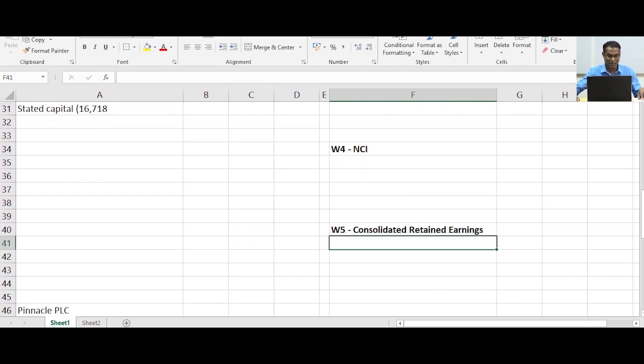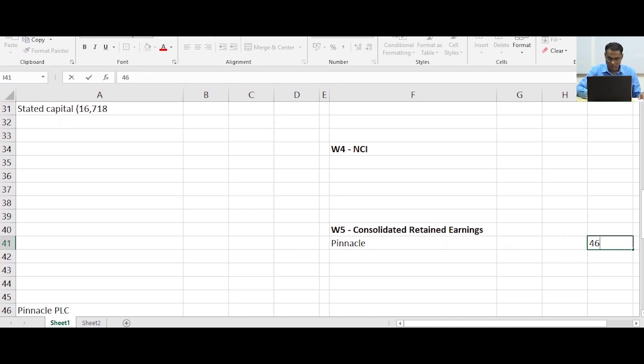So with regard to Pinnacle, the retained earnings as at 31st December 2019 is taken to working number 5, 46,245, okay.